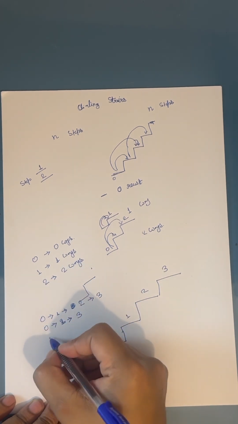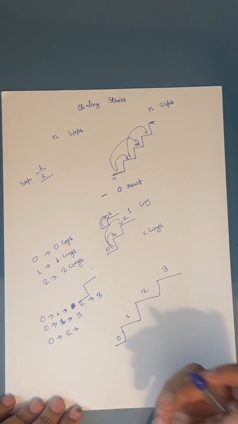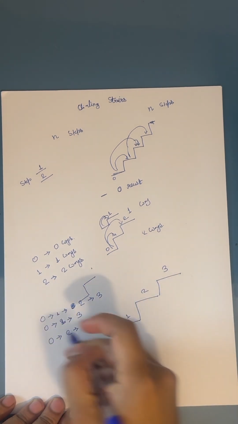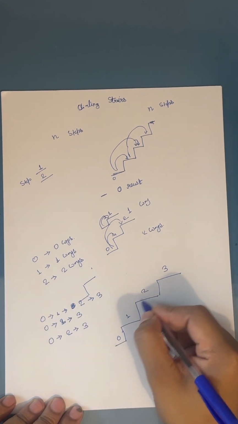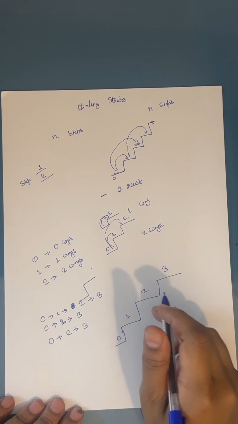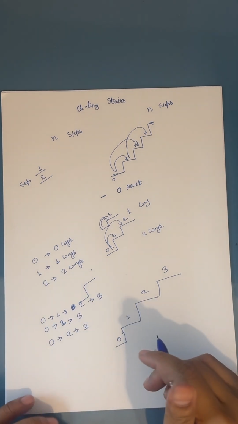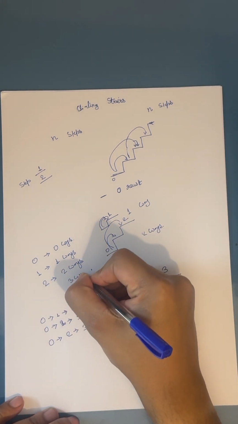These two ways. Now you can go 0 to directly 2. Now you can go to only 3, 0 to only 3, because 1 we have covered. If you go from 1, now you have 2 choices. Now if you go to 2, you only have this many choices. So if you take the example of this one, you actually have 3 ways.